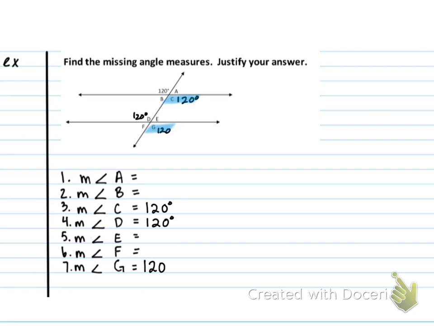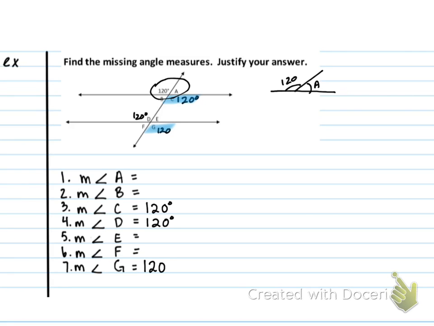So the next part we would do is try to find A, B, E, and F. Okay, so the easiest way to do it is I'm going to just take this part, put it over here, and this is 120, and then this is angle A, right?